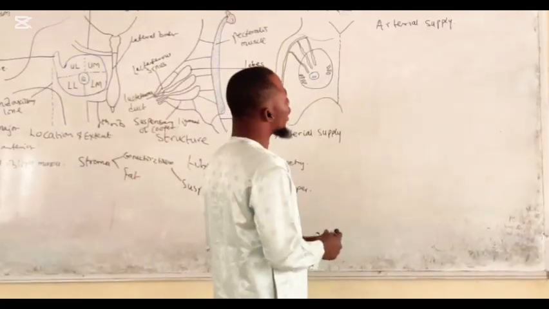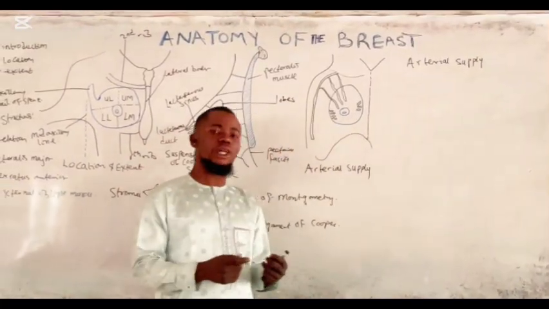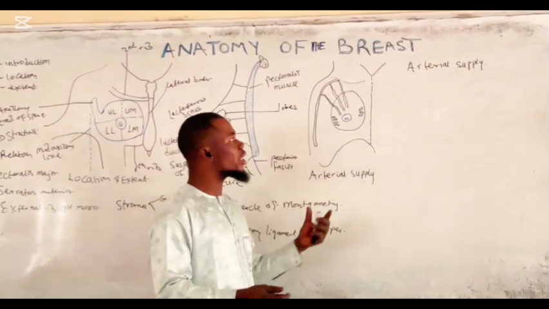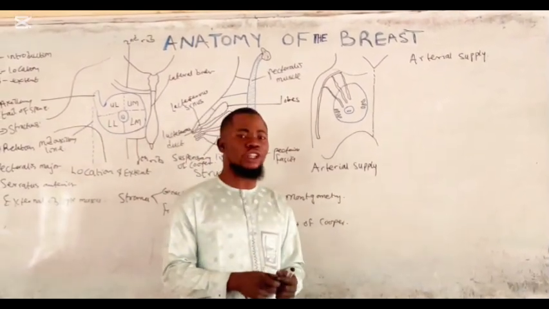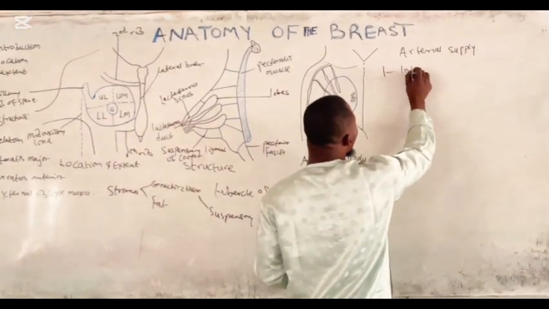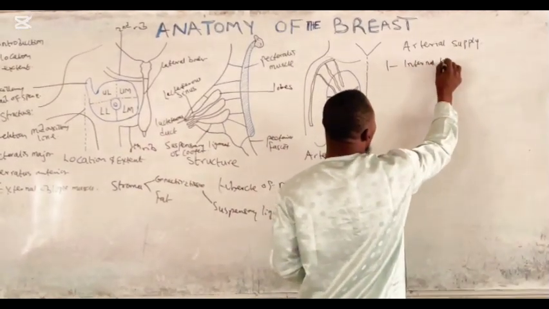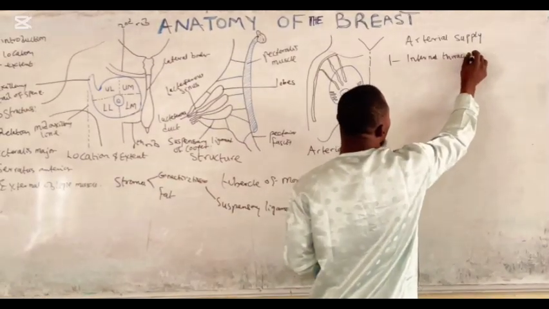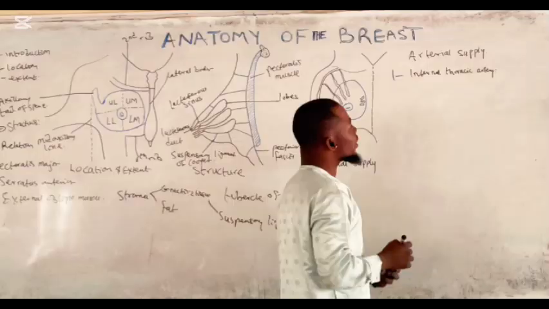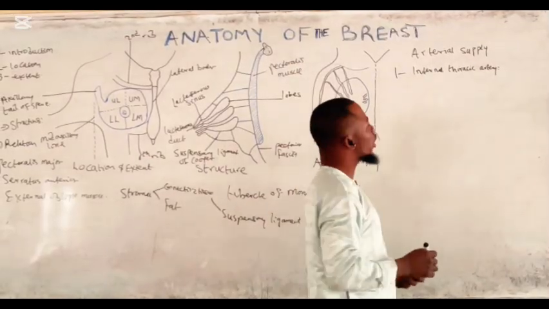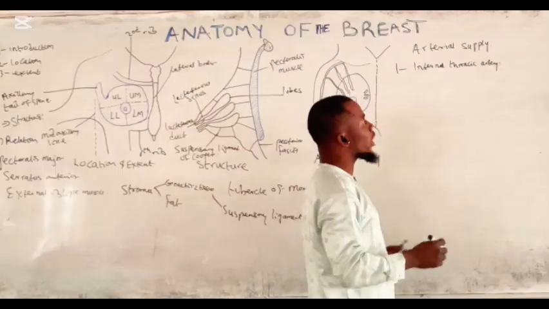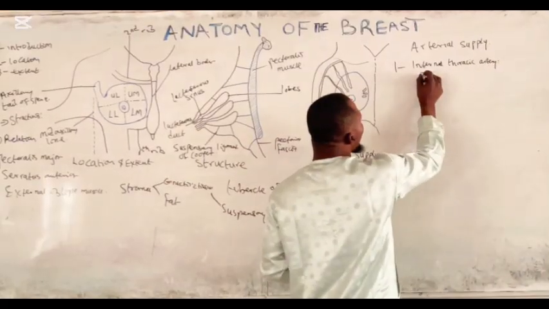Next is the arterial supply. The mammary gland, or the breast, is highly vascular, and the mammary gland is supplied by the following arteries. 1. It is supplied by the internal thoracic artery through its perforating branches.